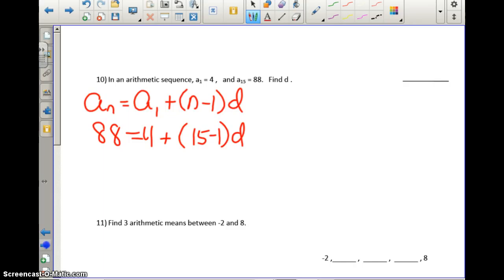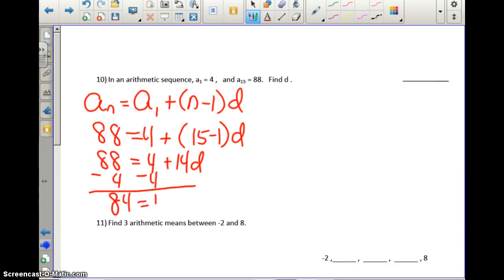So then I can evaluate and solve for d. 88 is equal to 4 plus 14 times d, minus 4 from both sides. And I have 84 is equal to 14d. Divide both sides by 14. And the common difference on this problem is 6.